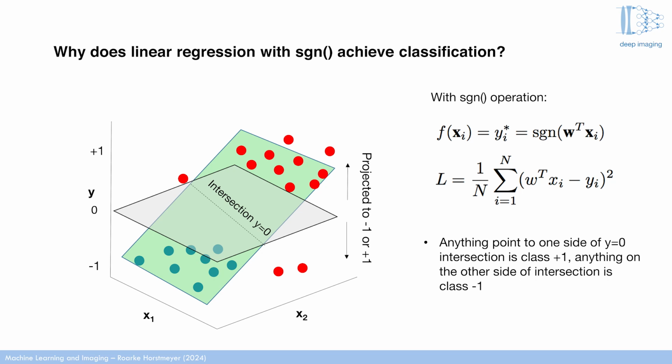So w transpose x lies on this plane, and when you ask, is it bigger than 0, you're looking at the values above this y=0 plane, and when you ask, is it less than 0, you're looking at the values below this y=0. So really what ends up being important is the intersection of this green plane and that y=0 axis, right?